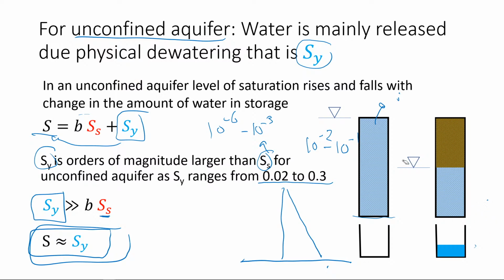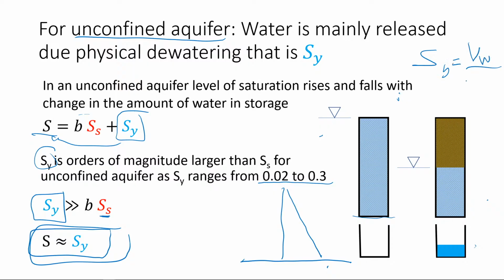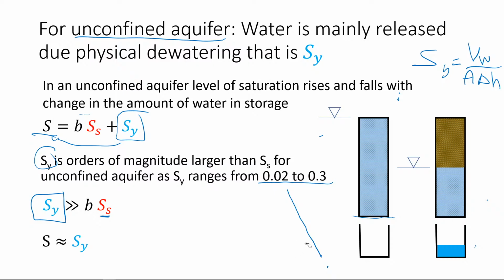Let me just show you this equation that we had: specific yield. Remember, we have the specific yield as the volume of water over area over delta H. Given this one, this would be my area here.